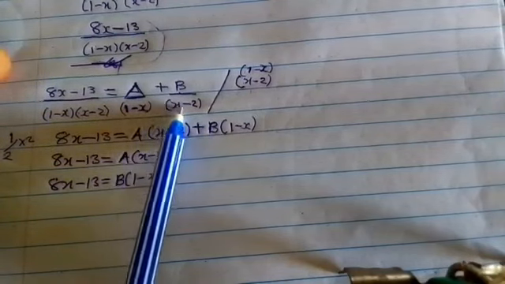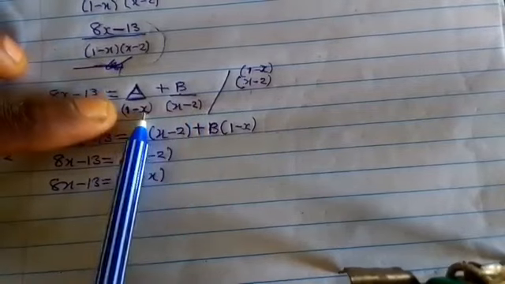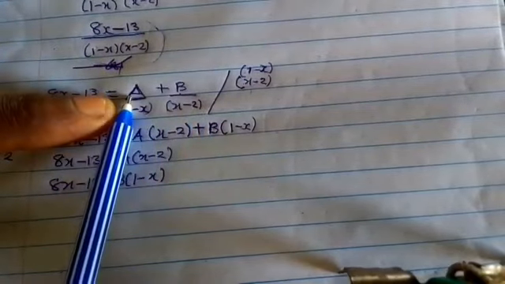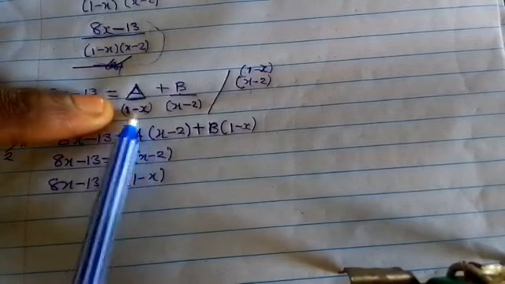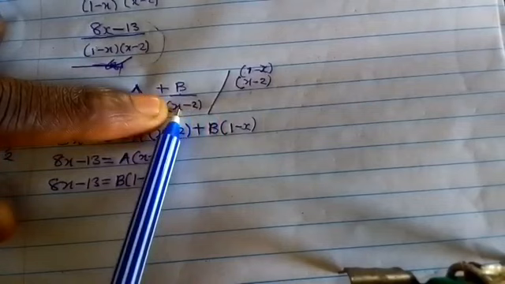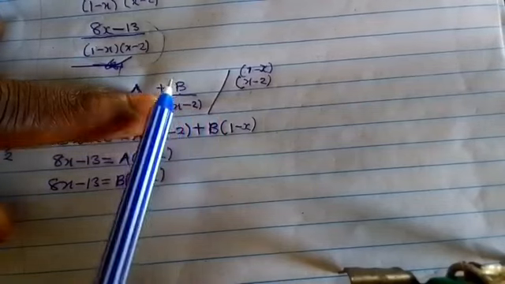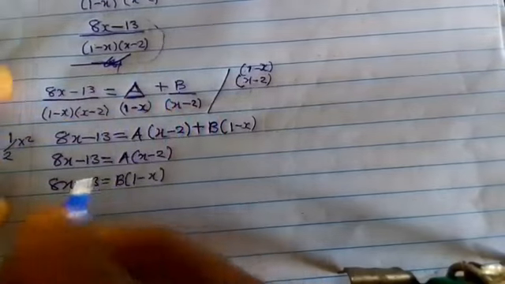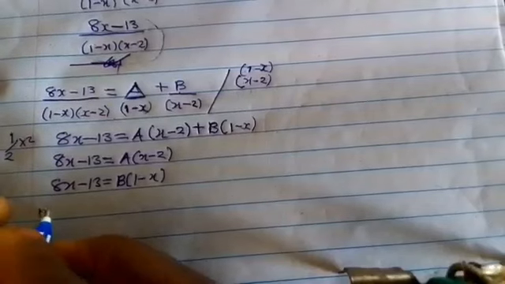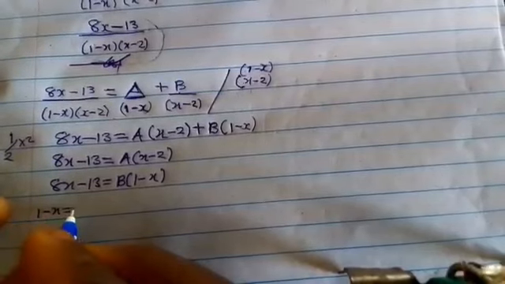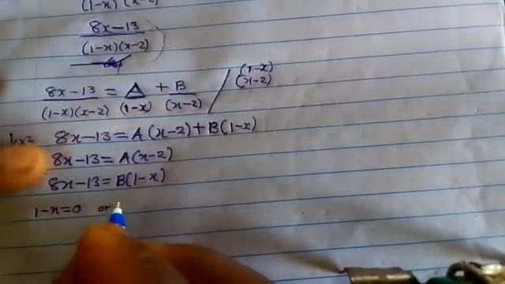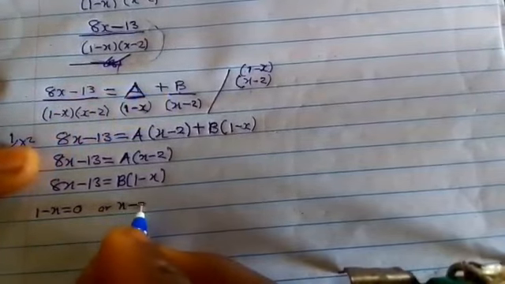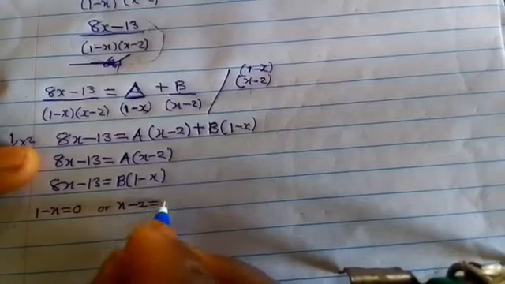Now, 1 minus x is at a, which means let's try to find the value of x here, and also we find the value of x at b. So the first one is 1 minus x, and this is going to be equal to 0. Or we can just say x minus 2 is equal to 0.